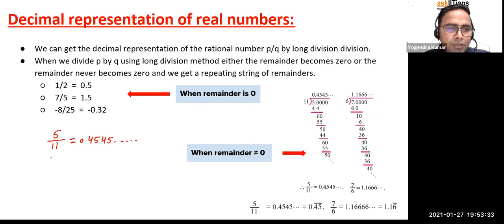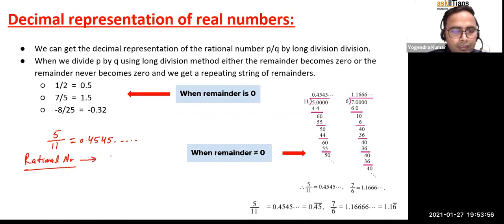And what is the form here? We have a rational number. What kind of form do we get?